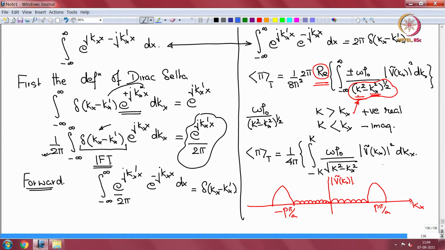So I can choose omega equal to omega 1, then that would give me k1, which is omega 1 by c. So now omega 1 decides k1, so let's say k1 happens to be here.